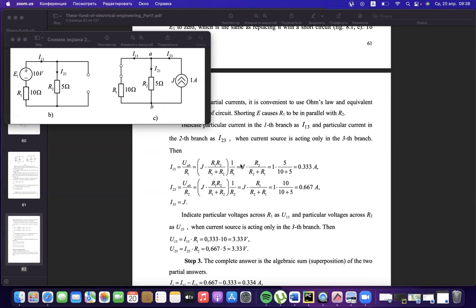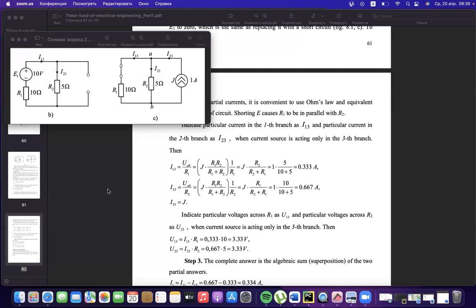But in the same situation, we could just use proportion, because if we have 2 parallel branches and inflow current, it will divide between 2 resistors. In higher resistivity will flow less current, in less resistivity will flow higher current, and it could be found just as reversed proportion as it's shown here.